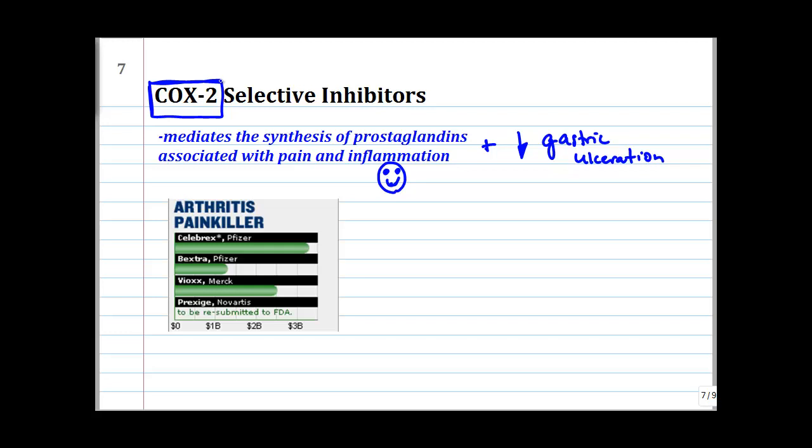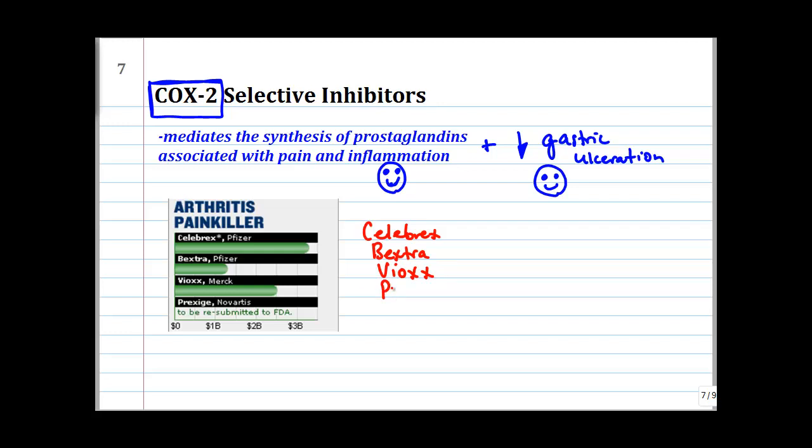Okay, so this is good. We are limiting gastric ulceration, we are relieving pain. These were, for many years, billion-dollar drugs. And the major players here were Celebrex, Bextra, Vioxx, and Prexige, I think is how you say that.